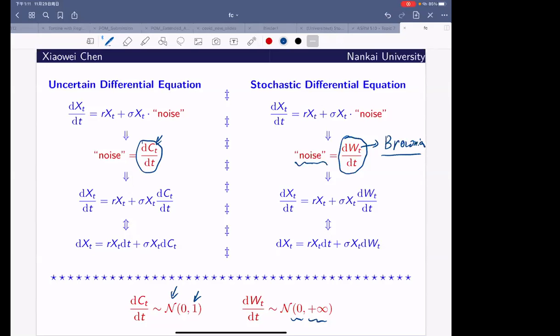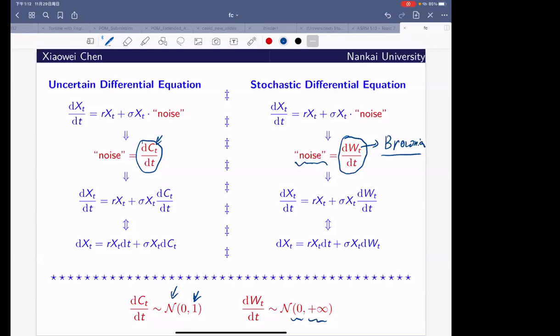I think in real life you cannot imagine a noise with infinite variance, so this model is more acceptable for our real life.